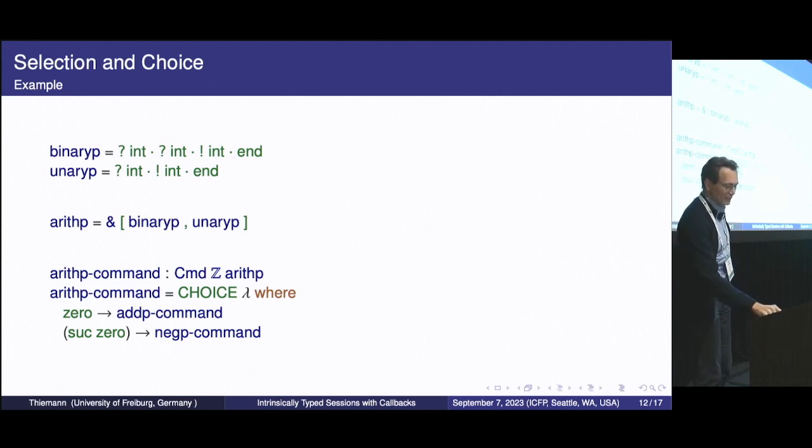And once you get here, it's obvious from the protocol definition that this must be a lambda, and it just has these two cases. There's no other possibility. And here I could choose any command that has the suitable session type. I've shown you the necp, I didn't show you the addp, but it's not much different from that. All right.